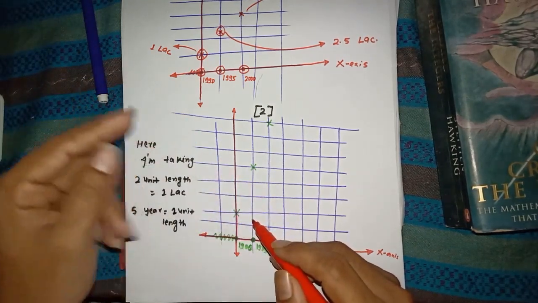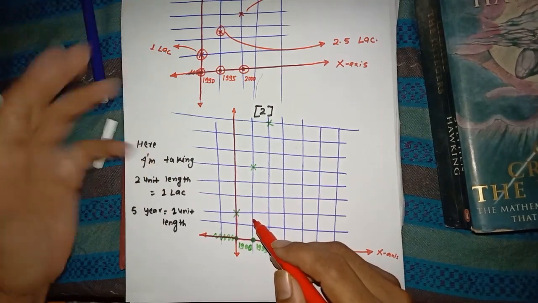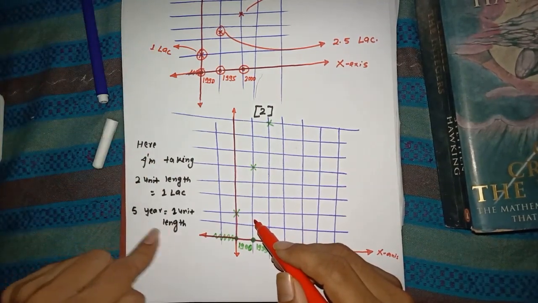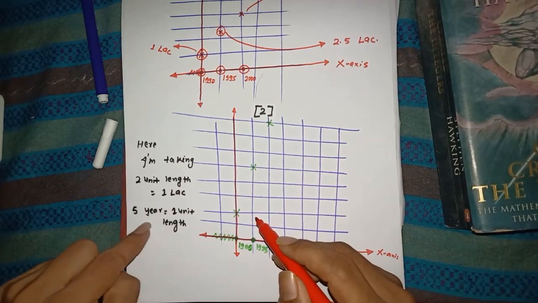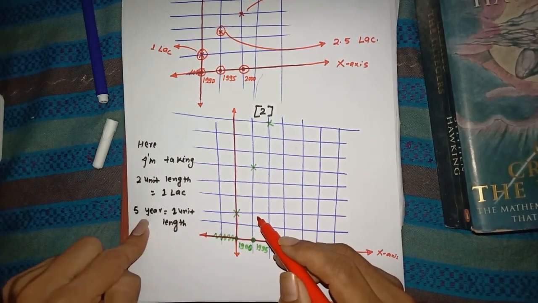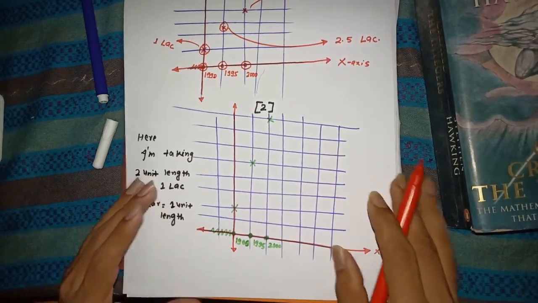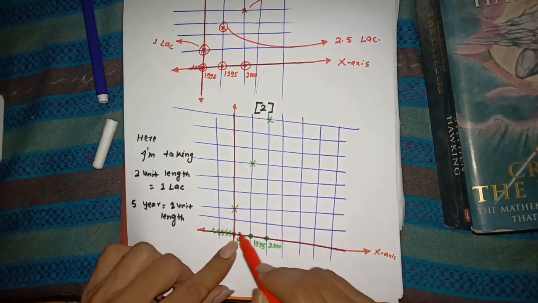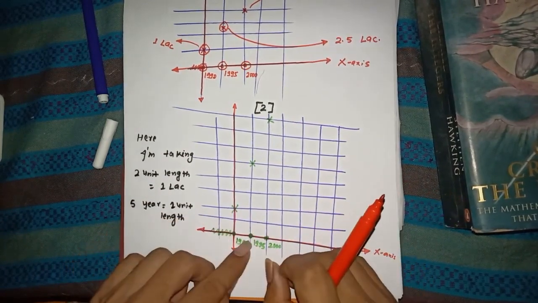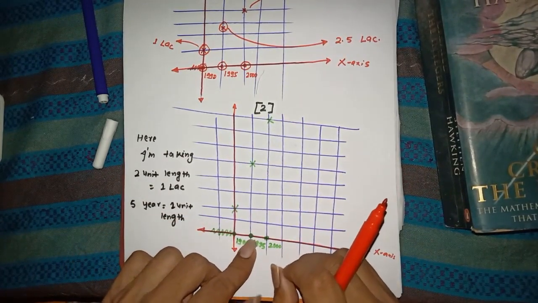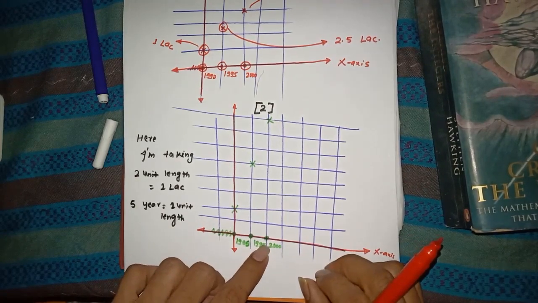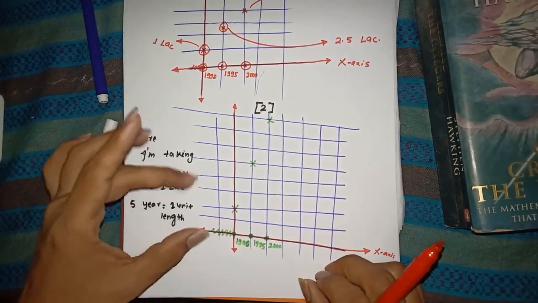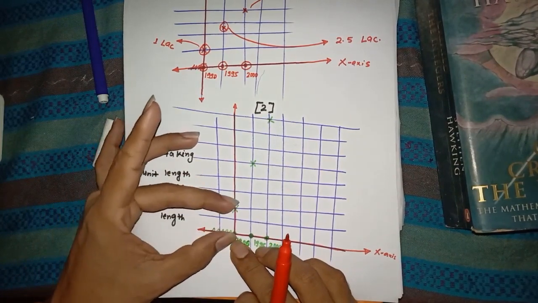Here 2 units become 1 lakh, whereas in the previous case I took 1 unit as 1 lakh, but I did not change the unit of length in the time axis. So at 1990, and the 1 unit length along the axis is 5 years, it becomes 1995, and again the same, it becomes 2000.